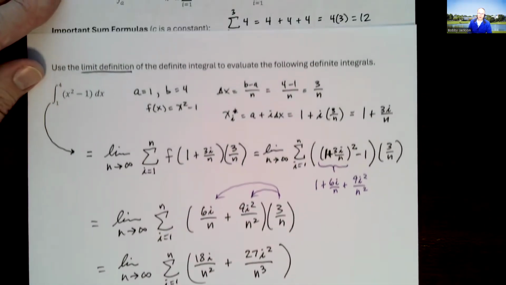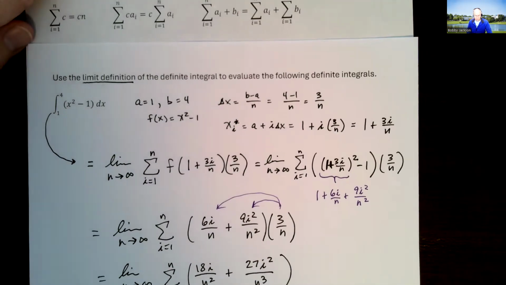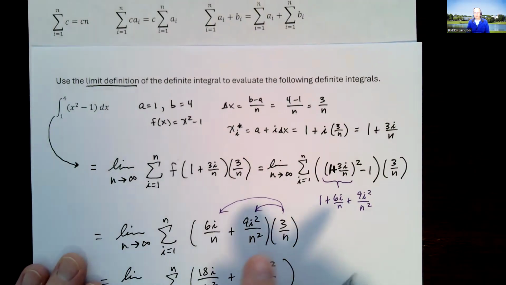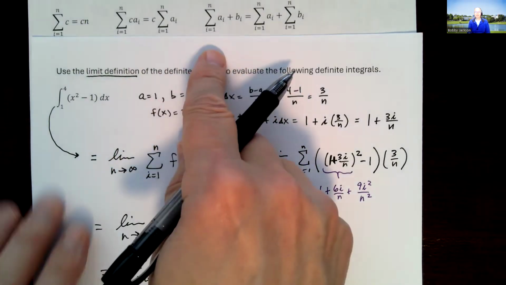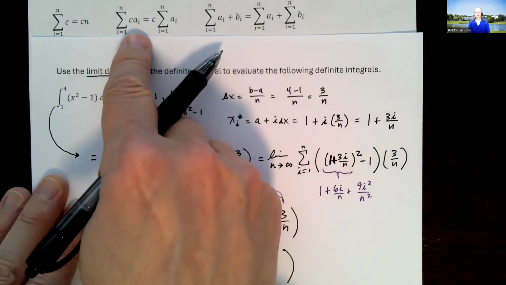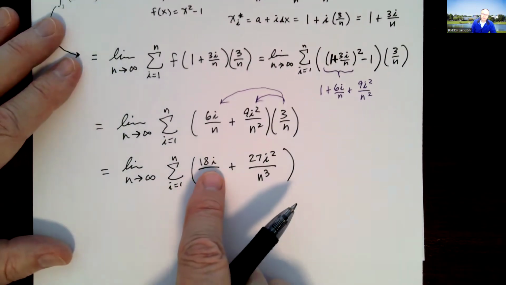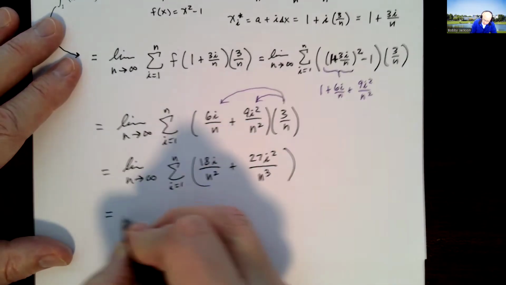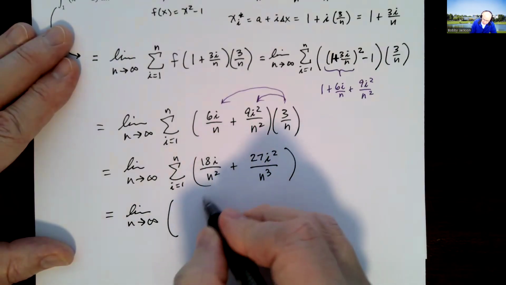Now, we're going to make use of the linearity rules up here. So I have this expression here down at the very bottom, which I can split up by the summation, and then any constant multiples can come out. Now, the constant multiples are anything except for i. i is changing in the summation, right? So this can be written as the limit as n goes to infinity. Put a parenthesis here.